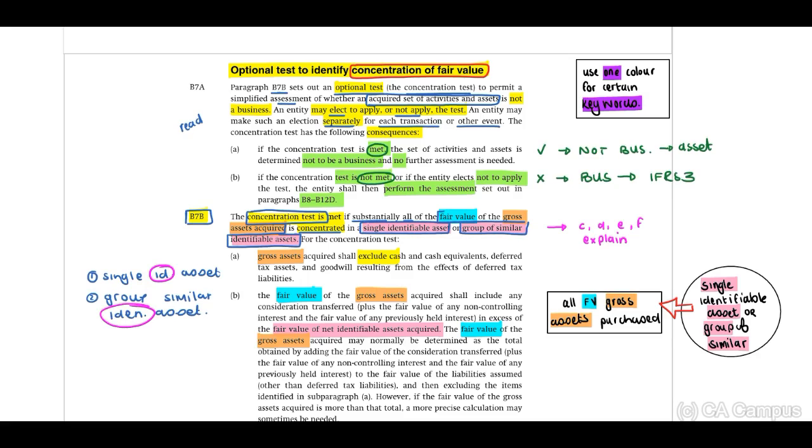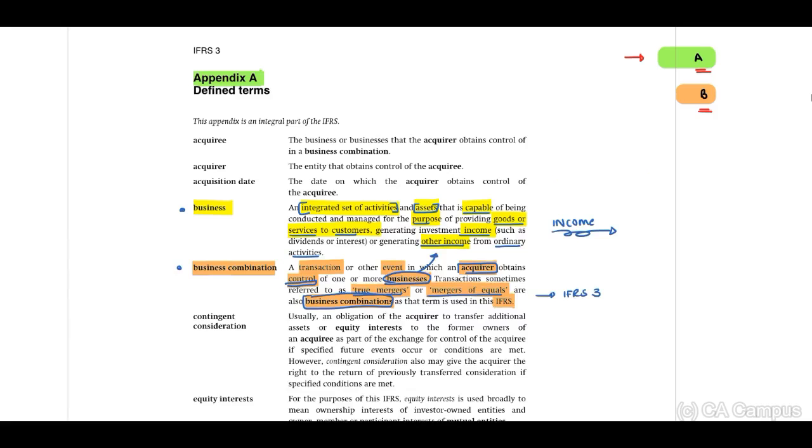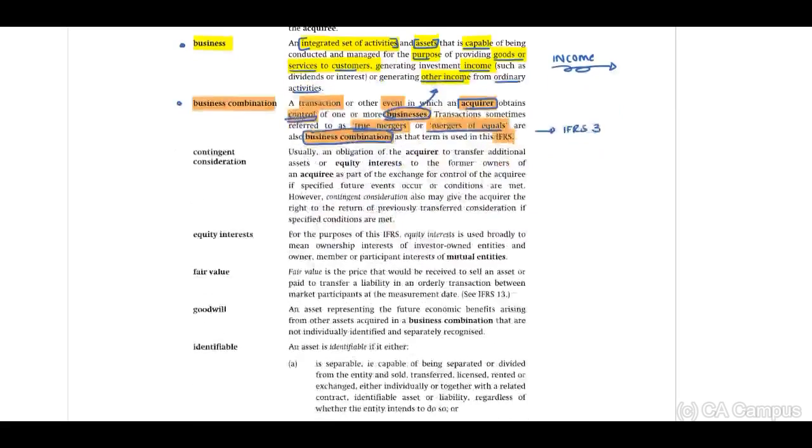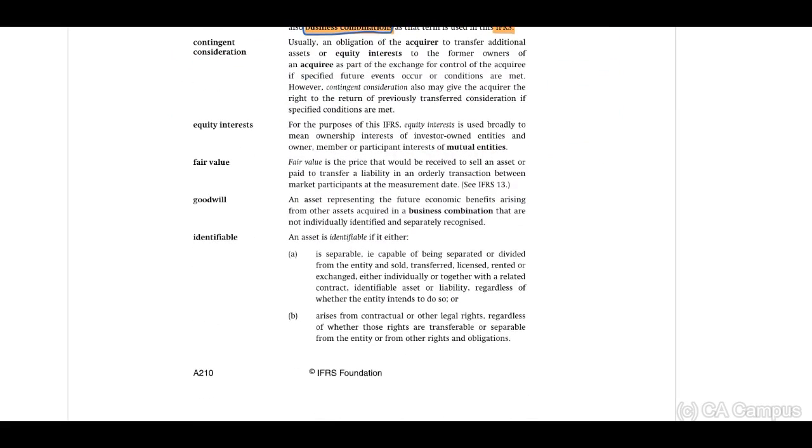Now, this is included in your Appendix A. If you refer to your Appendix A, identifiable at the bottom. An asset is identifiable if either of the following, guys, this is or: it is separable, capable of being separated or divided from the entity and sold, transferred, licensed, rented, or exchanged, either individually or together with a related contract, identifiable asset or liability, regardless of whether the entity intends to do so.